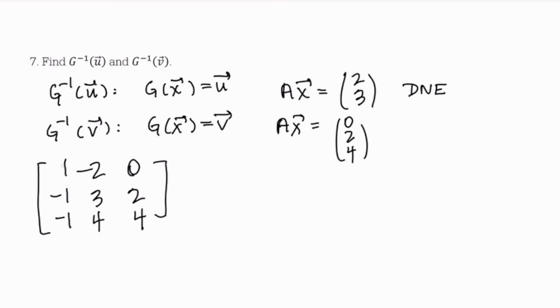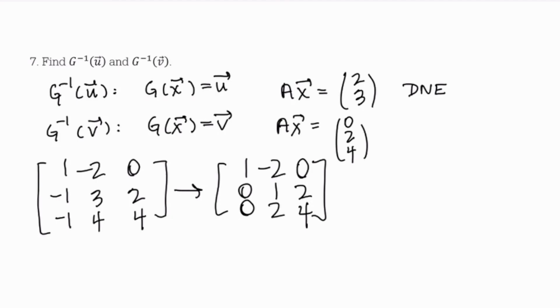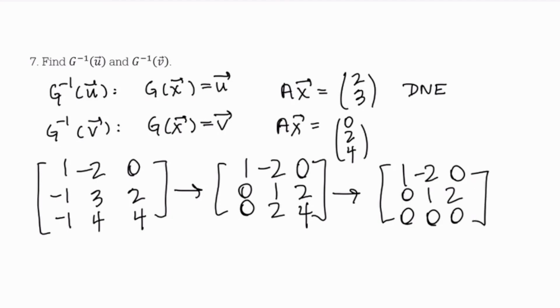We add row 1 to row 2 and row 3, and that gives me 1, 0, 0. This will still be -2 and 0. Then adding -2 to 3, I'll get 1, and -2 to 4, I'd get 2, and this will still be 2 and 4. Then I can see that the 1, 2 is going to stay there, and we could kill off that bottom row and have a row of all zeros.